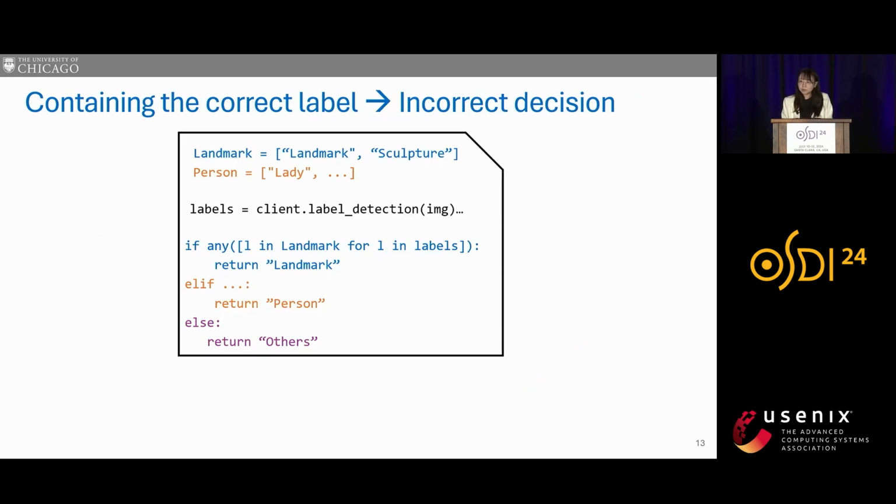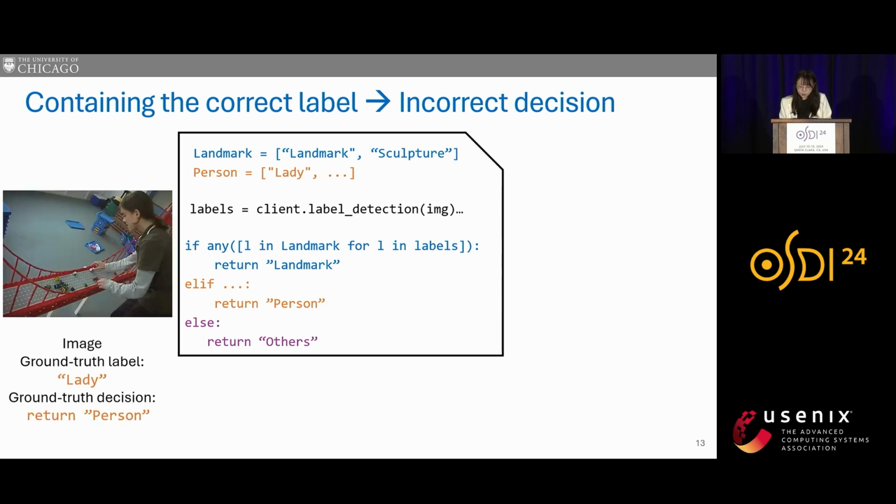Finally, even if the output contains the correct label, it is not guaranteed that the output decision will be correct. So the ML models usually output multiple labels with the highest confidence label output first. So in this example, the model may output lady followed by landmark, which is pretty reasonable.